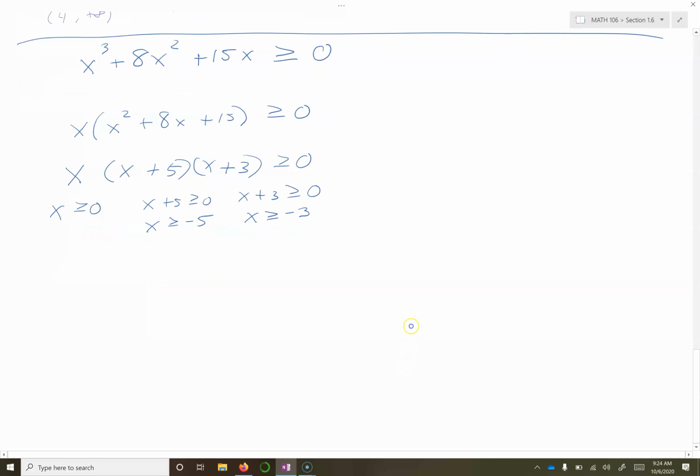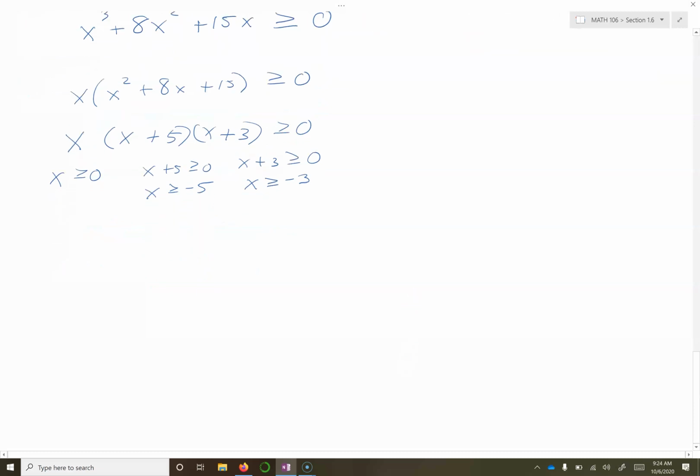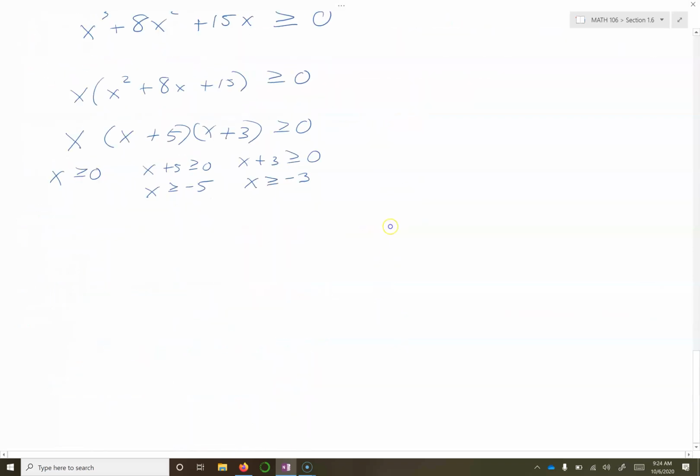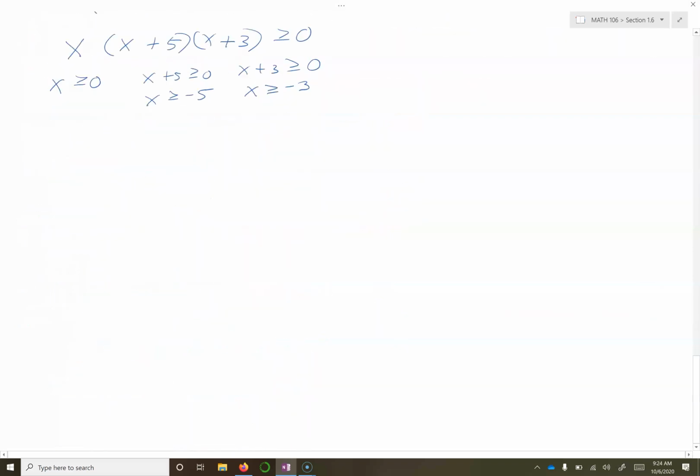So what was the next step? Number line. If you go back up here where you made a number line, now we have to have 3 numbers on it though, not 2. Let's see, we have -5, -3, and 0. Wonderful. Now we're going to figure out our intervals.